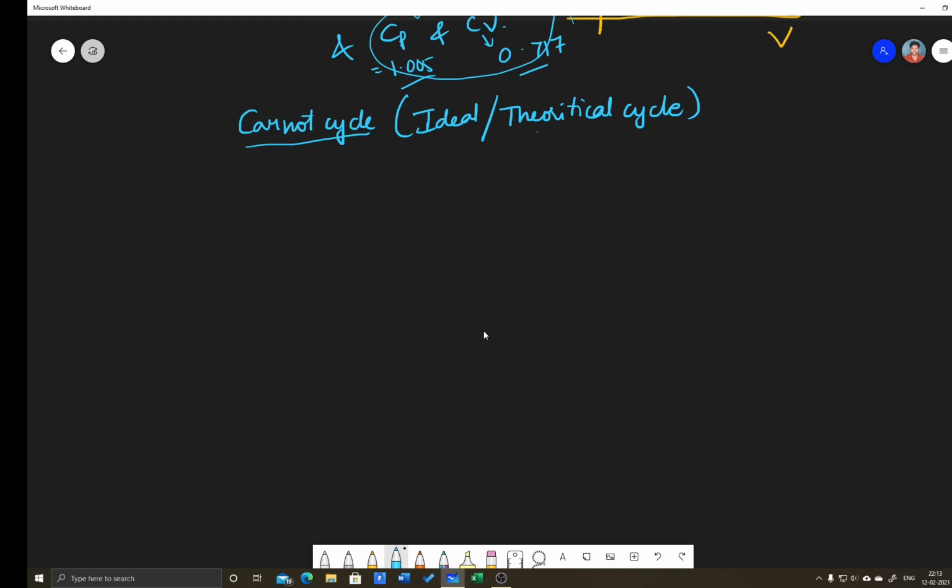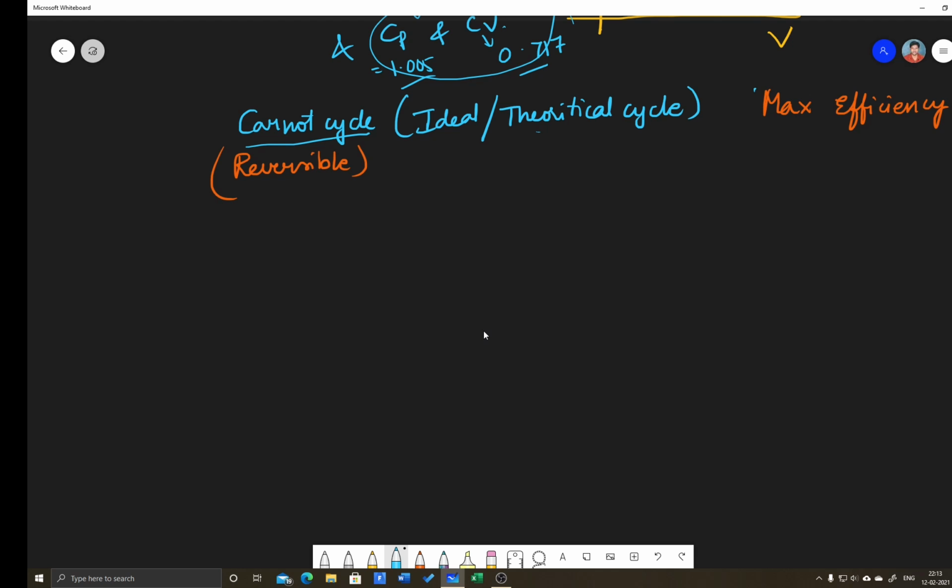This will have maximum efficiency because all the processes in this cycle are reversible, whereas remaining all cycles will have some irreversible processes that we will discuss while explaining those cycles.